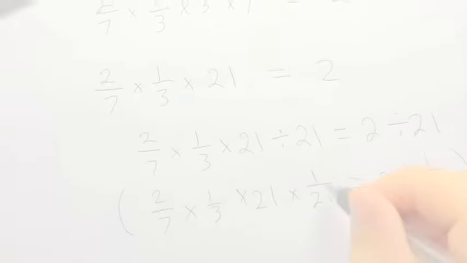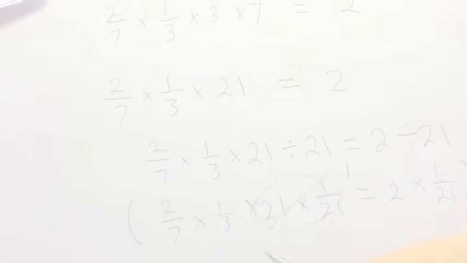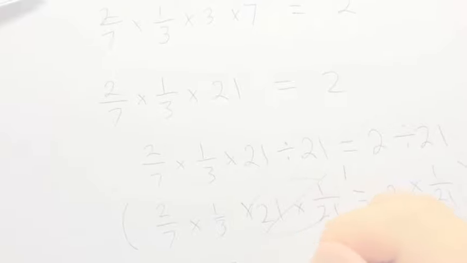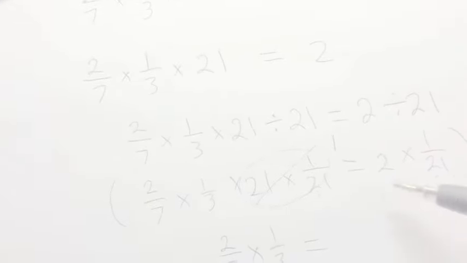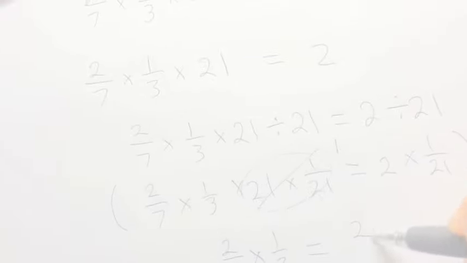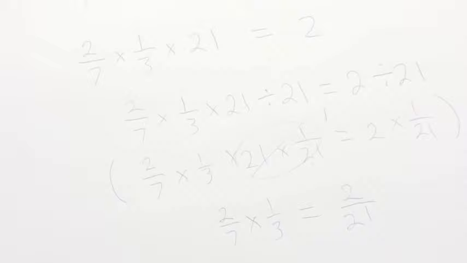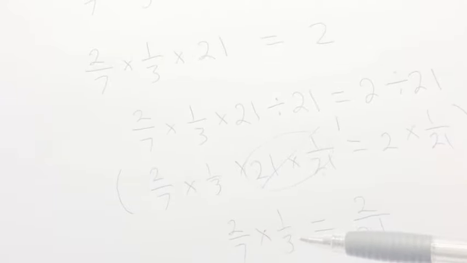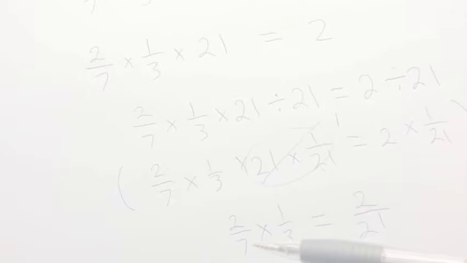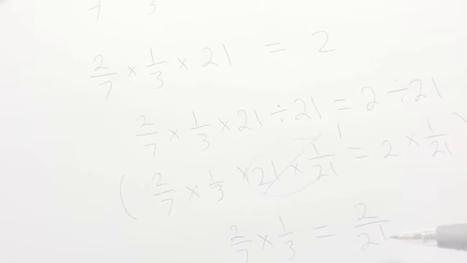This cancels to 1, so what's on the left is just 2 over 7 times 1 over 3, and what's on the right is just 2 over 21. So you notice if you times a fraction by a reciprocal, then you simply multiply the bottom numbers together to get the bottom number of the answer.